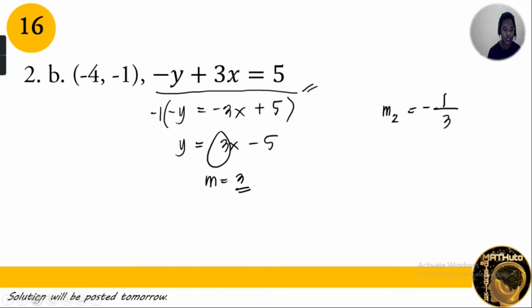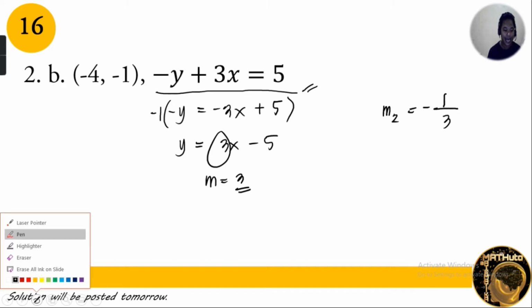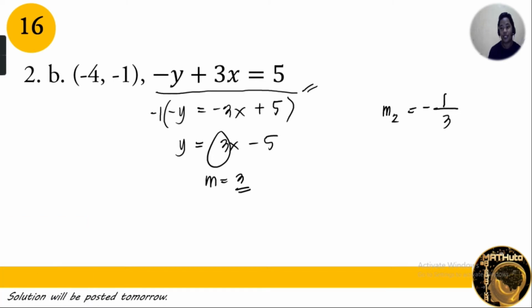Let's find now the equation of the line using the point slope form. So, y minus y sub 1 is equal to negative 1/3 times the quantity of x minus x sub 1.